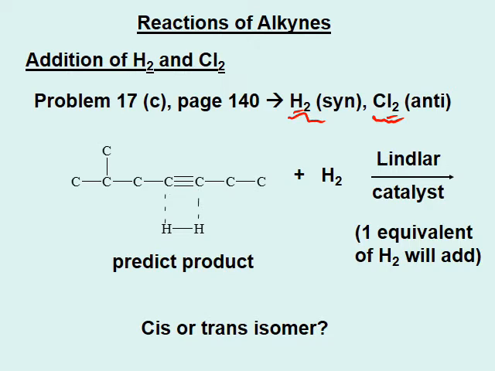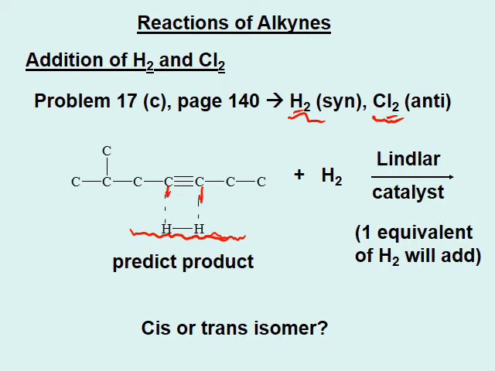Now let's first talk about addition of hydrogen. Hydrogen needs a catalyst, and since hydrogen gets attached to the surface of the catalyst, if I consider this to be the catalyst, then the alkyne, in order to react, has to come close to hydrogen, and then hydrogen gets bonded. So these two hydrogens would get bonded from the same side.